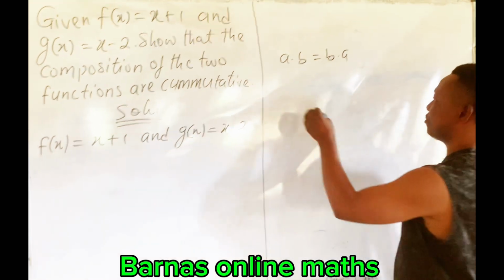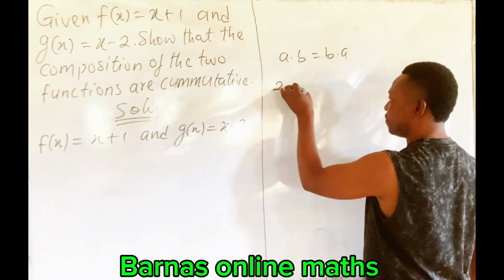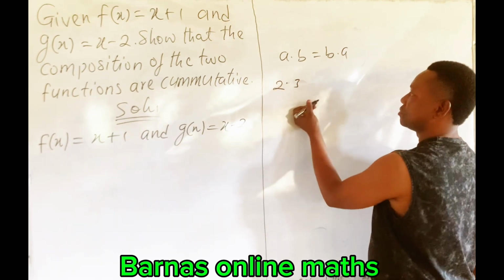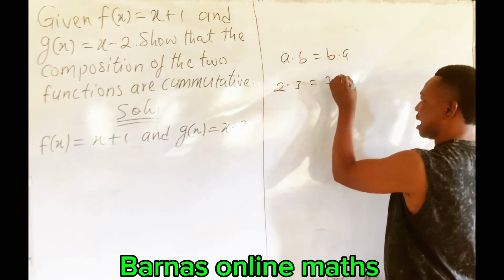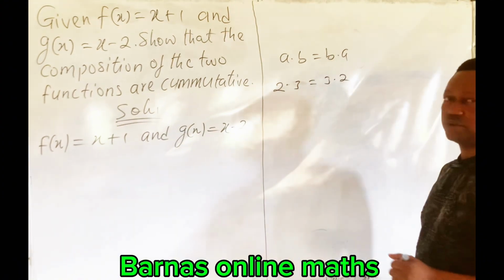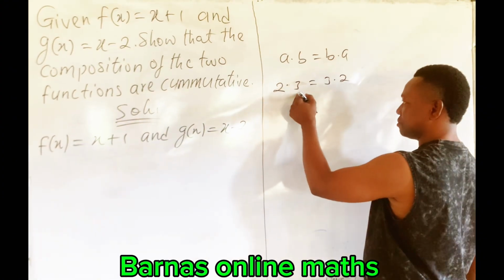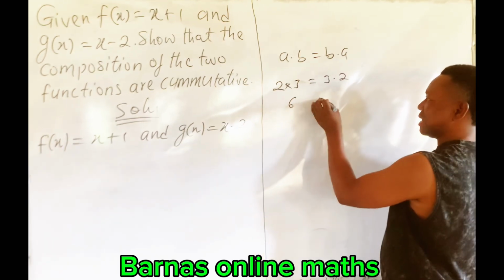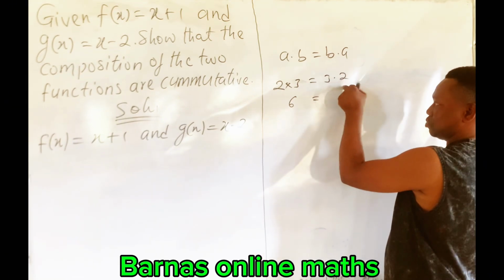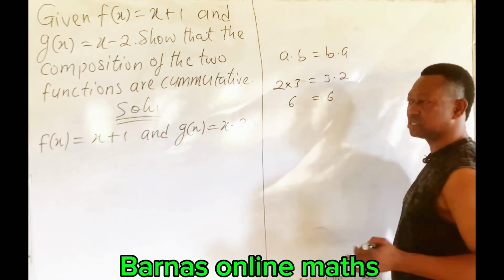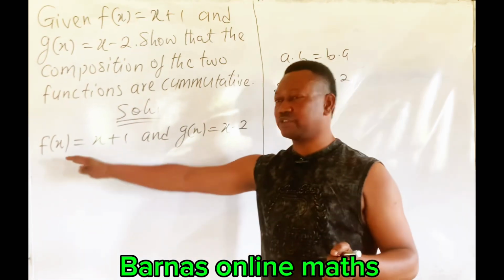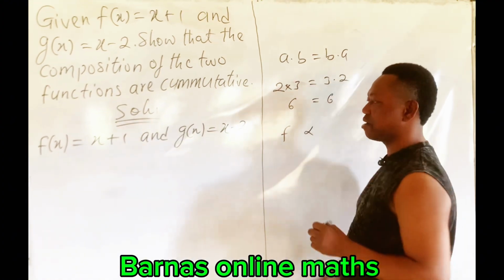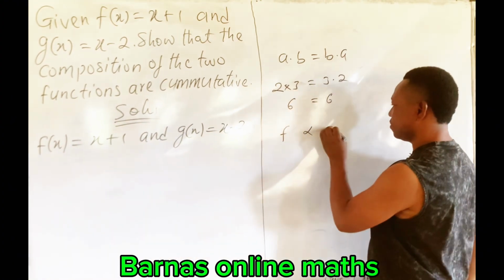For instance, 2 times 3 is the same thing as 3 times 2, because 2 times 3 is what? 6. And again, 3 times 2 is also the same thing as what? 6.